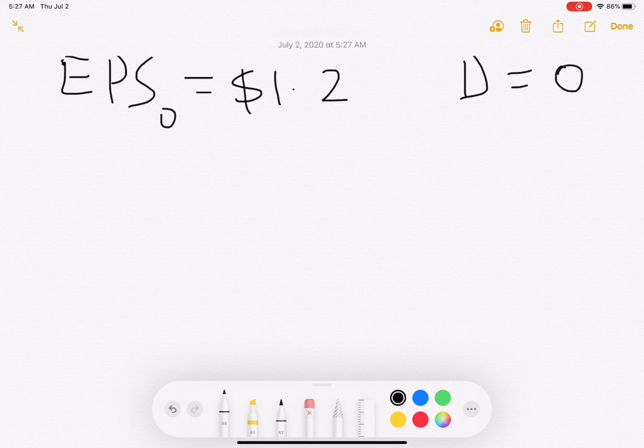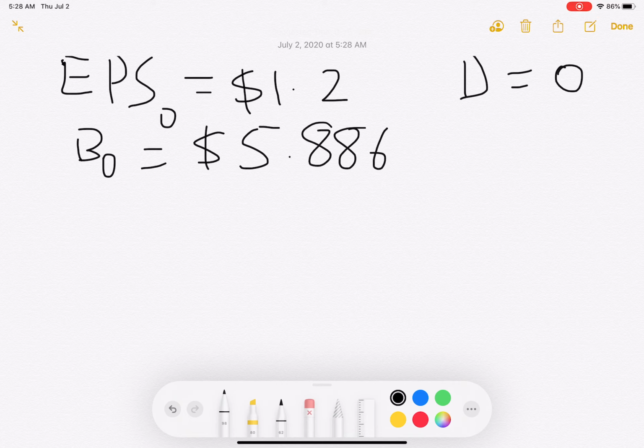So this is the reason why we cannot use the dividend discount model over here. Right now the book value of each share, at the start of the current period, is $5.886. So this is the current book value tied up in each share, right?